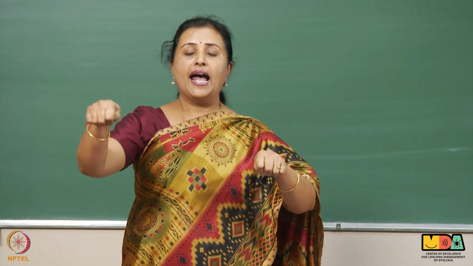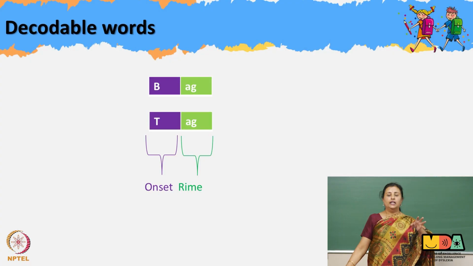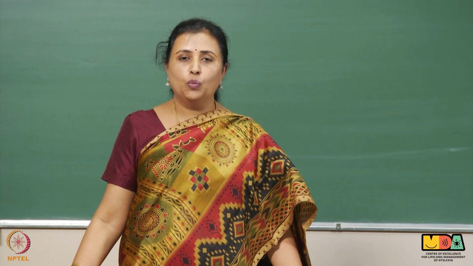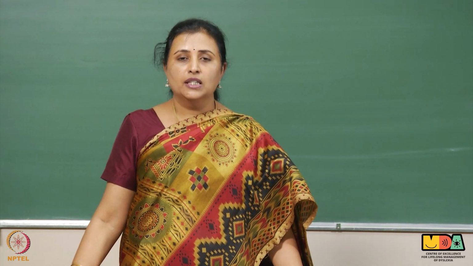L, ag, lag. Now, in this case, T, ag, tag: T is my onset and ag is my rhyme. Onset, rhyme.